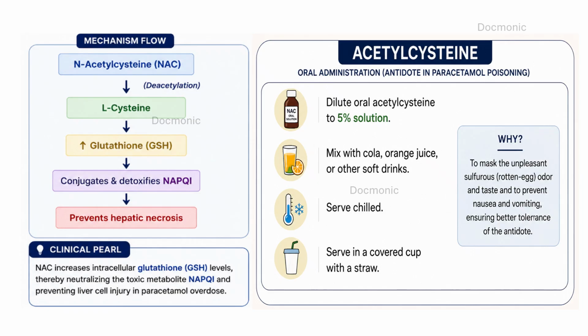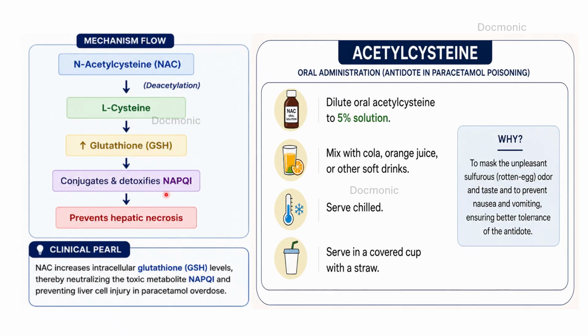Then, as I said, acetylcysteine is used in paracetamol poisoning. Why is it used? In paracetamol poisoning, there is a metabolite called NAPQI that is generated. This is the toxic metabolite present in paracetamol poisoning. So we have to decrease this.